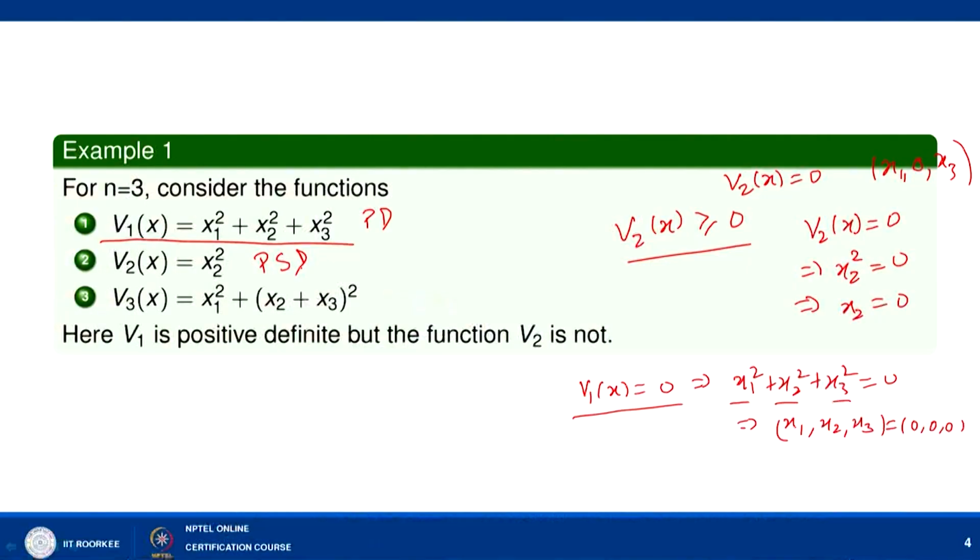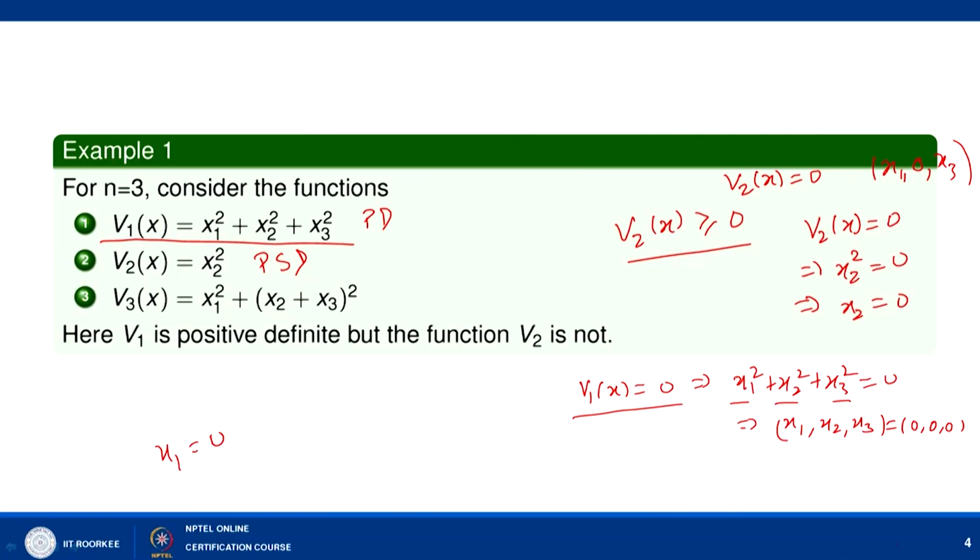Now, define v3(x) equal to (x1 square plus x2 plus x3) whole square. Again it is given as a sum of squares function, so it is basically taking non-negative values. Now, we need to find at what points it is taking the value 0. It is taking the value 0 provided that x1 equal to 0 and x2 plus x3 is equal to 0.